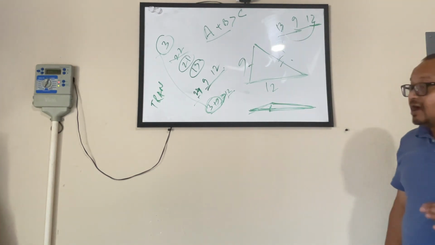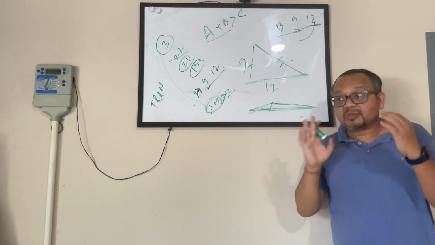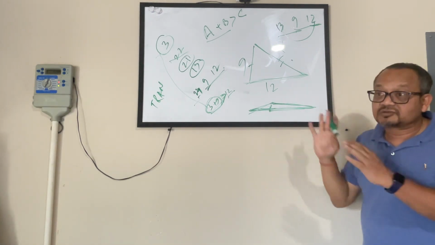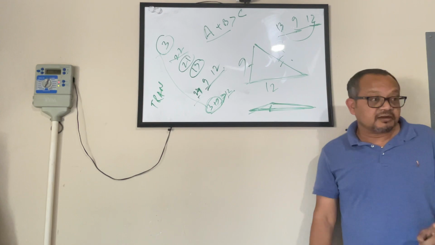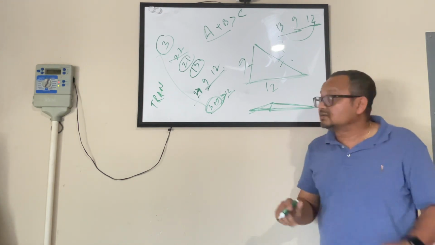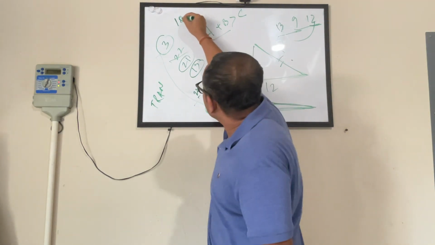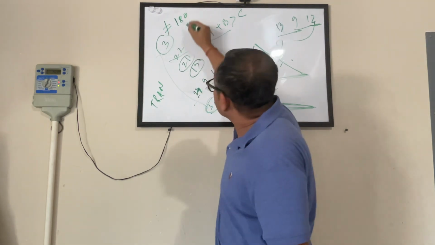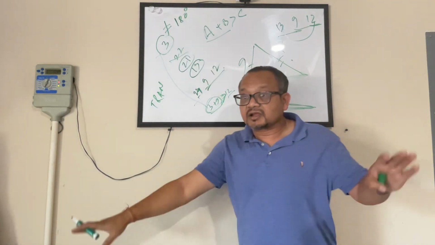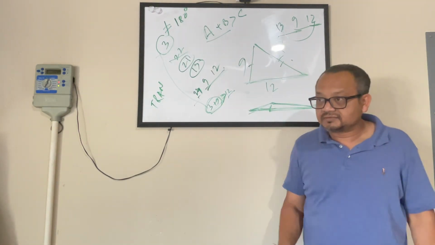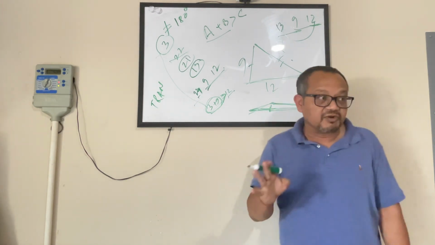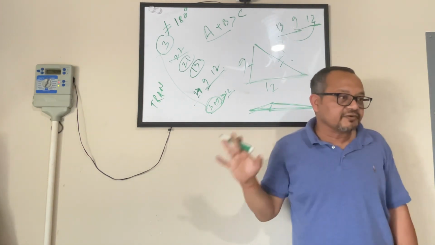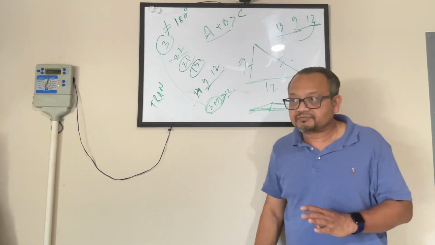So now, what you can remember for yourself, just to be able to solve this quickly: for any triangle, if the sum of all the angles is not equal to 180 degrees, it is not a triangle. Simply deny that outright. It has to be exactly 180. The sum of all the angles of a triangle has to add up to 180.